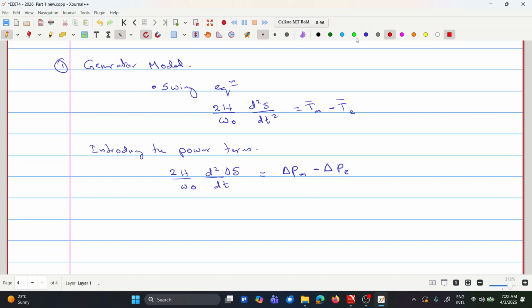As we discussed earlier, H is the inertia constant, and omega naught is the synchronous speed or the rated speed. And here is the change in the angle, so the entire thing is the measure of the change in frequency.